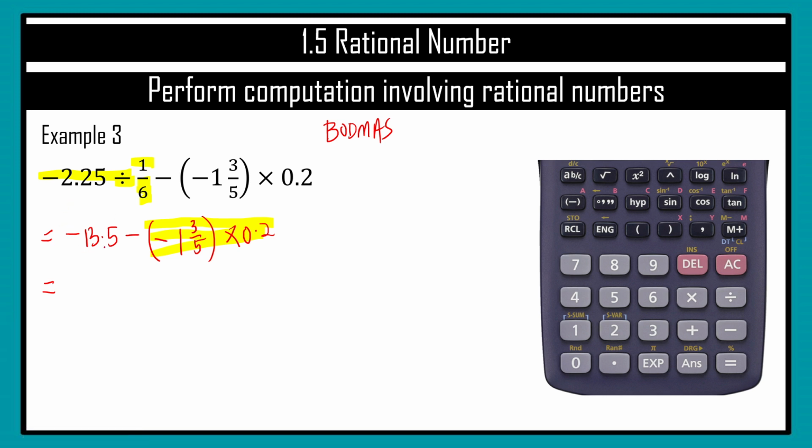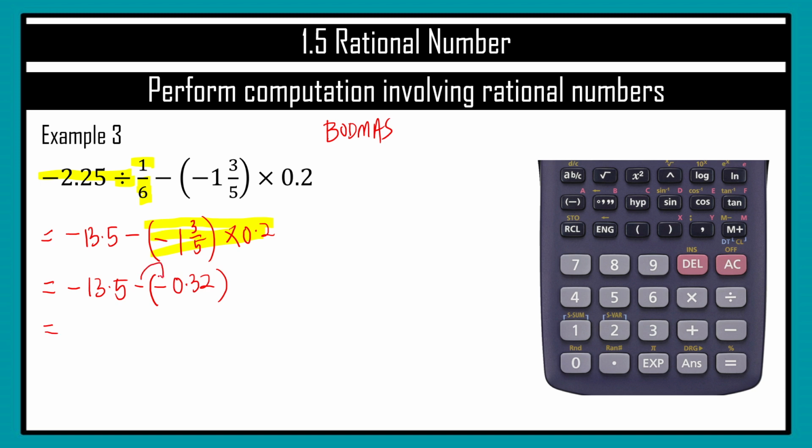I have not done any calculation for that, so it's negative 13.5 minus, and negative multiply positive gives negative, so you should be able to get 0.32.